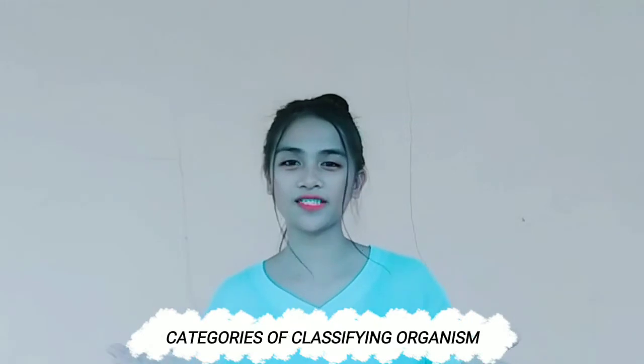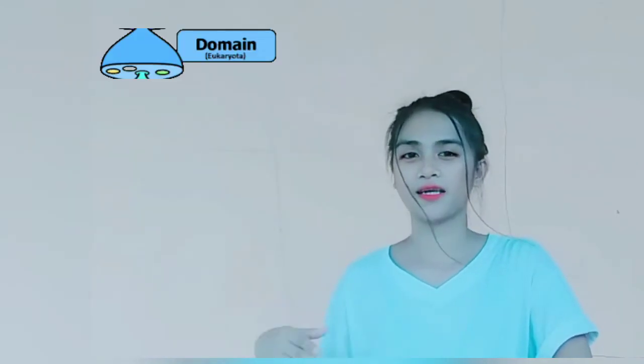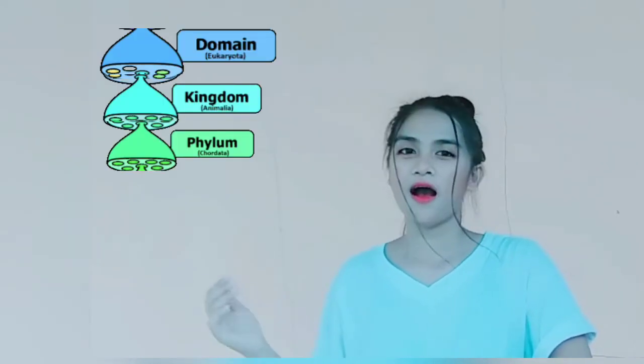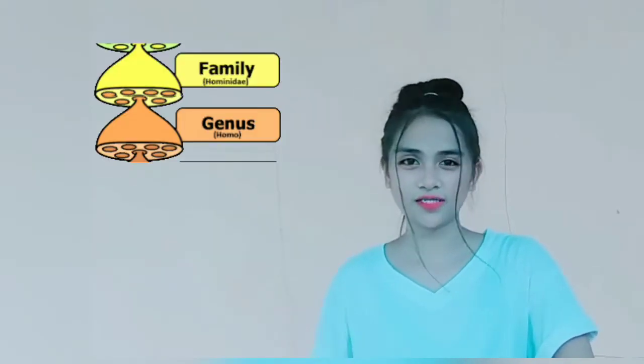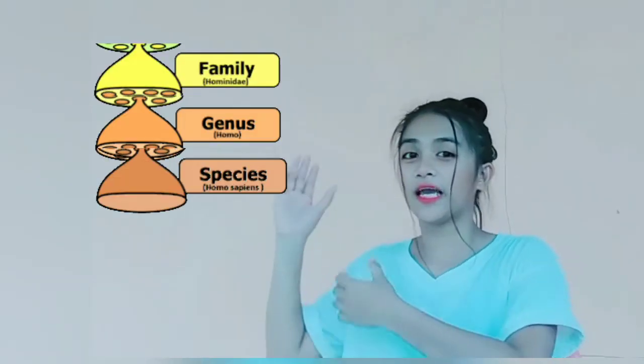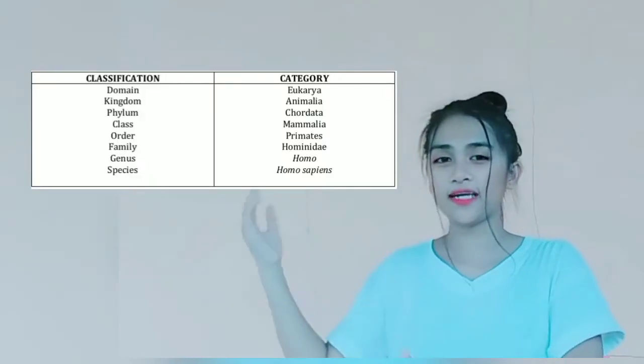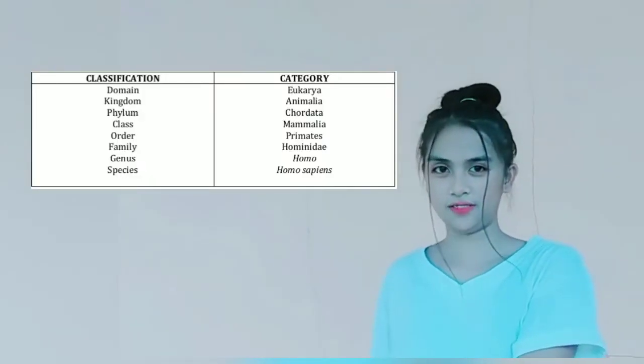And the next is all about categories for classifying organisms. We have the classifications: domain, kingdom, phylum, order, class, family, genus, and species. And here we have the categories of the classifications.